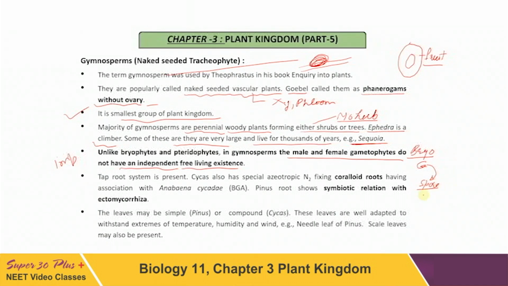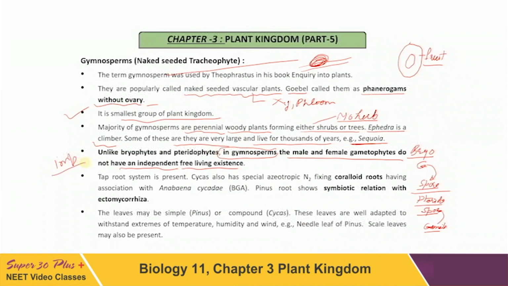In pteridophytes, the main plant body is sporophyte, and the gametophytic stage is also having independent existence. But in case of gymnosperm, unlike bryophyte and pteridophytes, the male and female gametophytes are there, but they do not have independent existence. They are totally depending upon sporophyte.